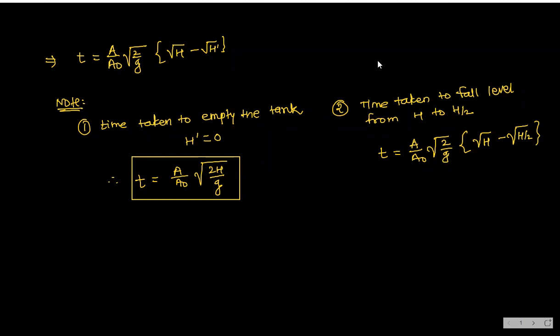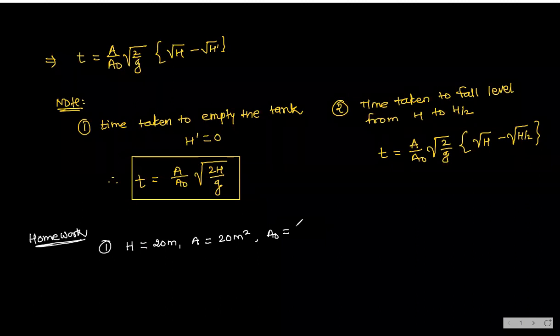Now one small problem I am giving you as homework. You can do it yourself. Number 1: h is equal to 20 meter. A is equal to 20 meter square. A naught is equal to 1 meter square.